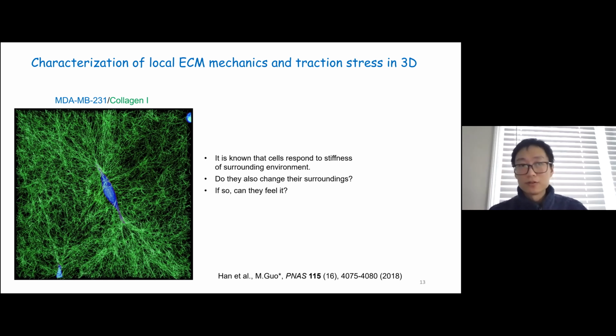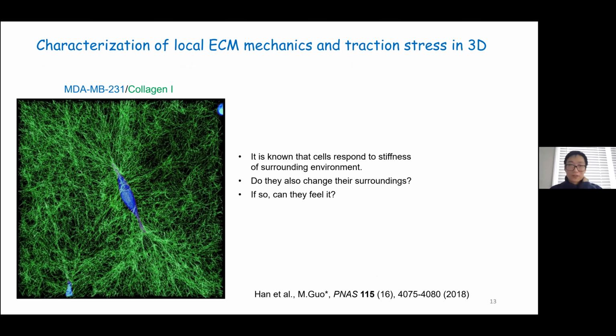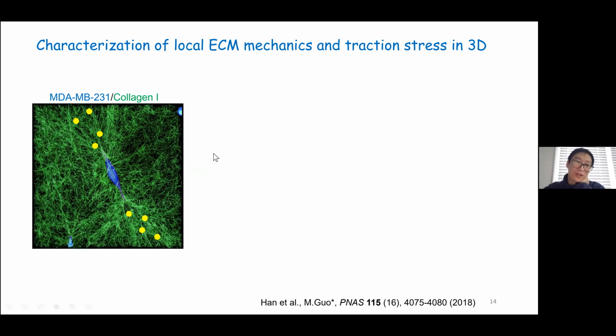And going back to the knowledge that we know cells can sense the mechanics of their surrounding environment, if they change their surrounding mechanics, do they sense that? That's the question that we still don't know the answer to, but I'll show you some of the early results that we have. The question is, how do cells change the mechanics in their surrounding matrix?